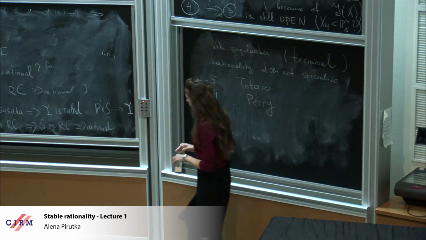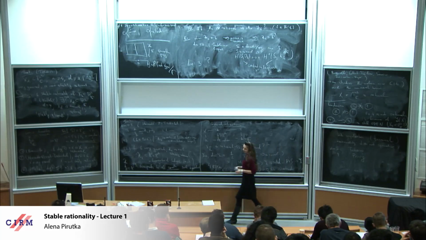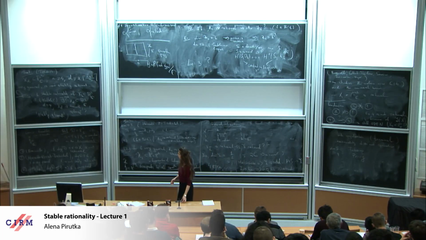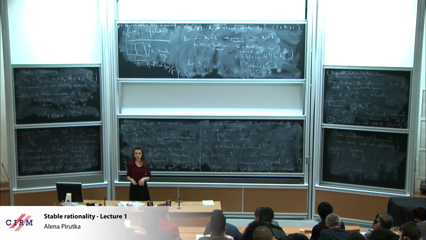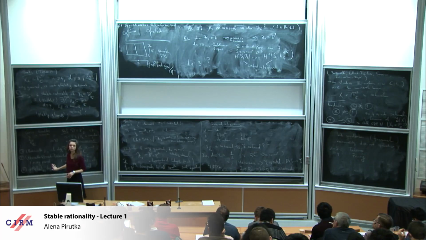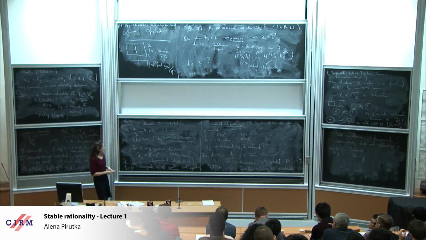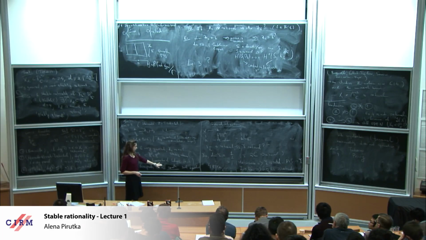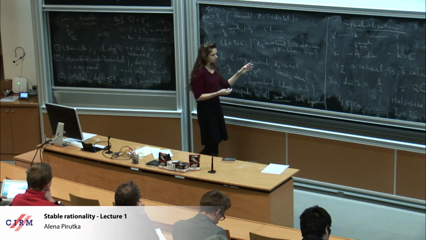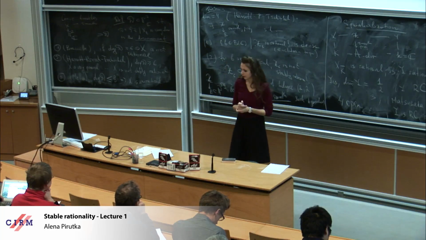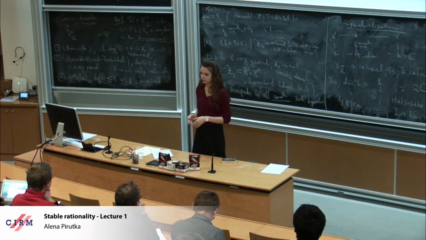Okay, so that's basically the general picture. Tomorrow we'll go into methods that allow us to prove these types of results, non-stable rationality for a general fiber, or these types of constructions. And we are also going to discuss invariants that obstruct rationality. Okay. So I guess my time is over.